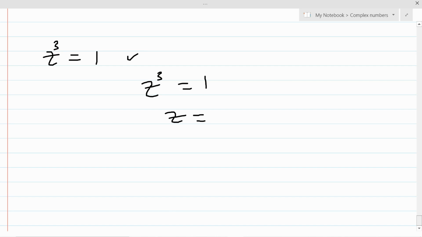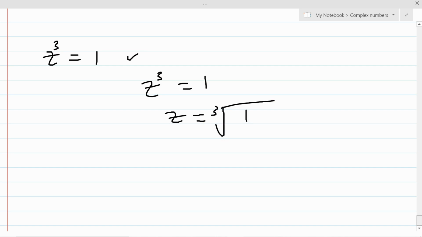So now if I have a complex number, let's say z equals 1, the most popular complex number for which people find the cube root. That is what I want to explain to you. If z cubed is equal to 1, then z is equal to the cube root of 1.